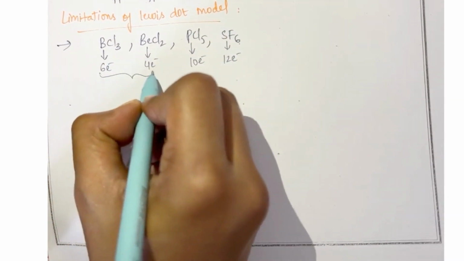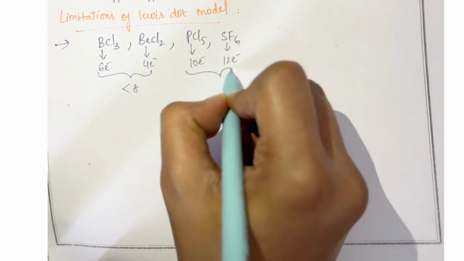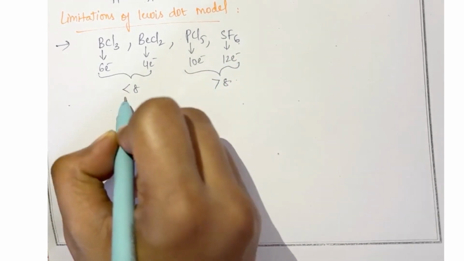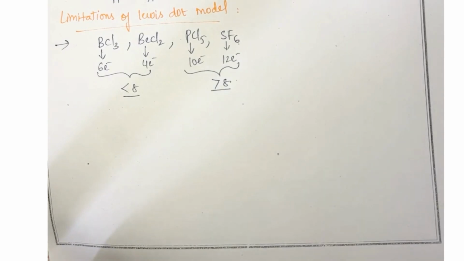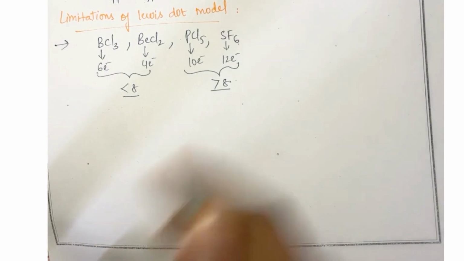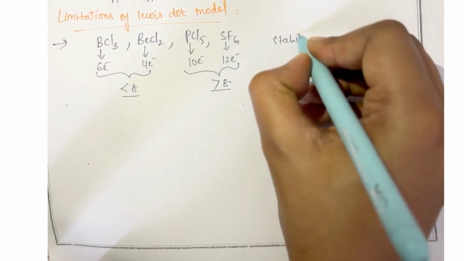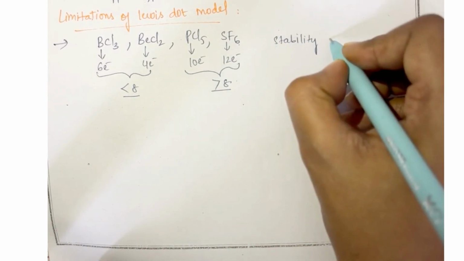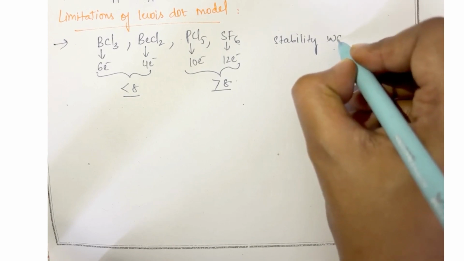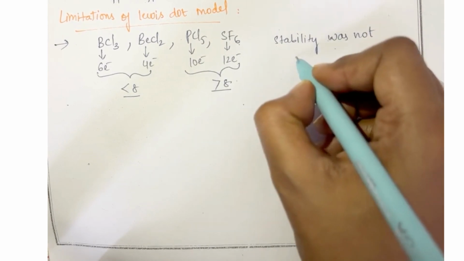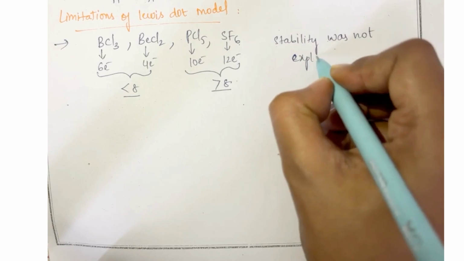These are less than 8 electrons and these are greater than 8 electrons. So both of them do not obey octet rule. And how they are stable, that stability was not explained. Stability of these molecules was not explained by Lewis.